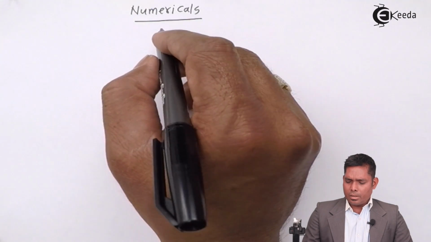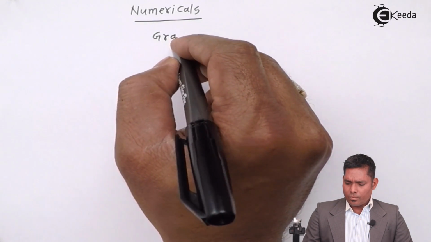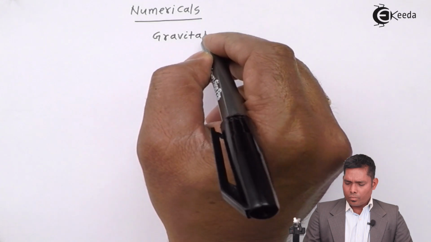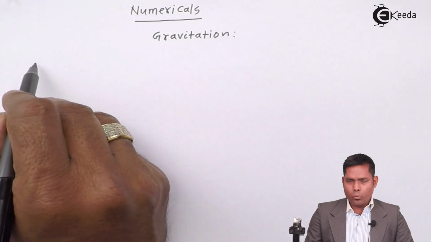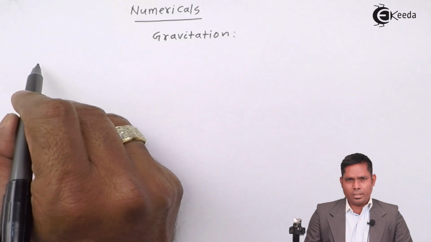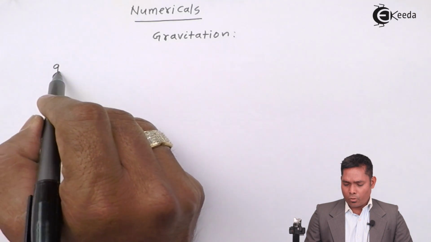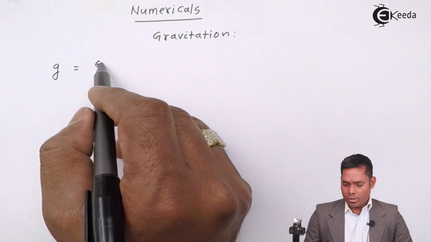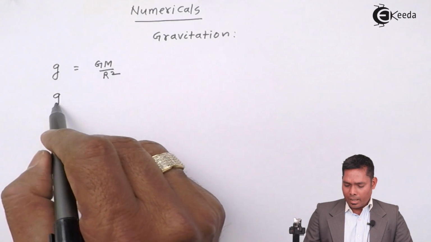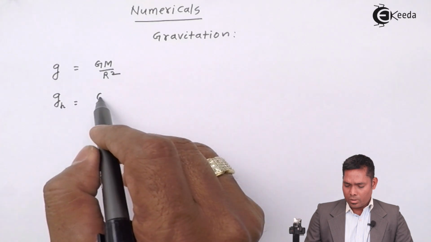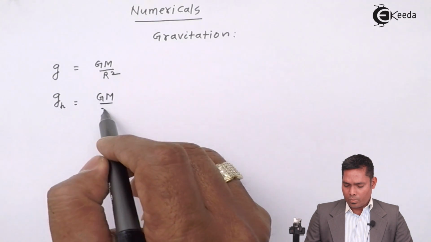In this chapter, gravitation, we have a few formulas that we'll quickly write down. The expression for g is GM over r square. At any height h, it is GM over r square.